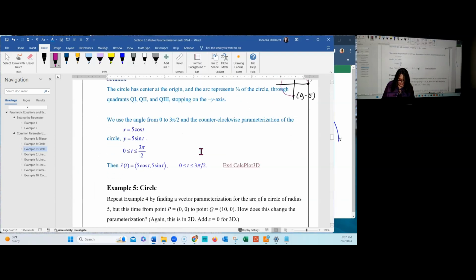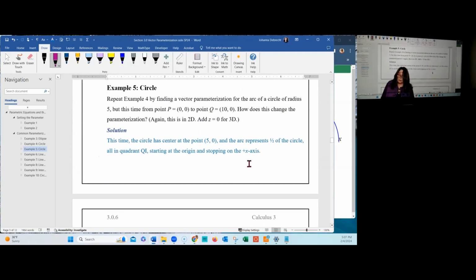Let's now take a look at example 5, which is another circle. We want to repeat example 4. We want to find a parameterization for the arc of a circle, still with radius 5, but this time we want to start at the origin, 0, 0, and we want to stop at the point 10, 0.